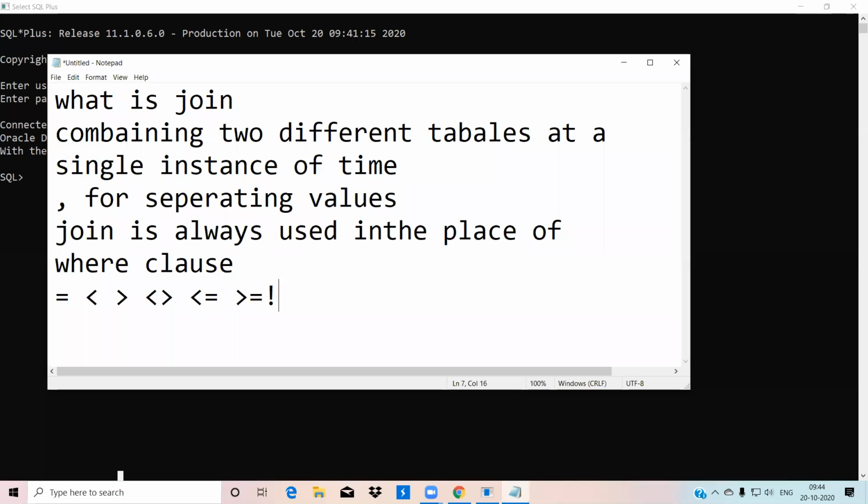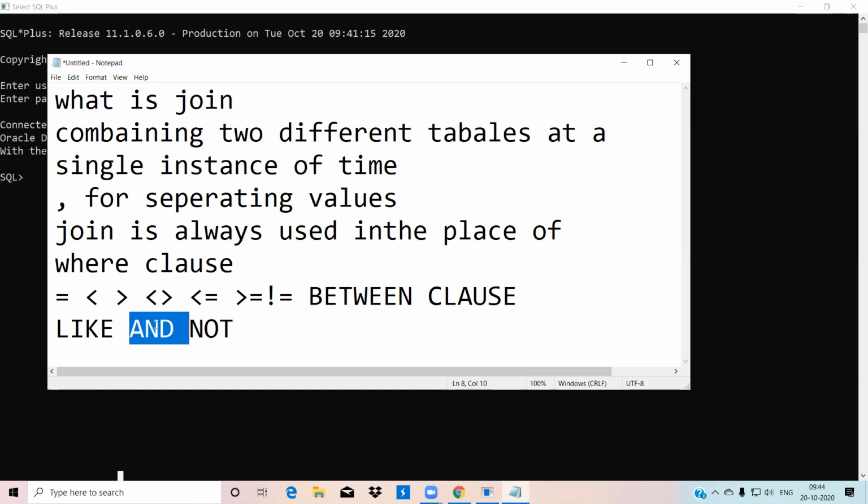Not equals also, or using the between clause, the like statement, or also the and and not statements. By using these kinds of things we can create a join.